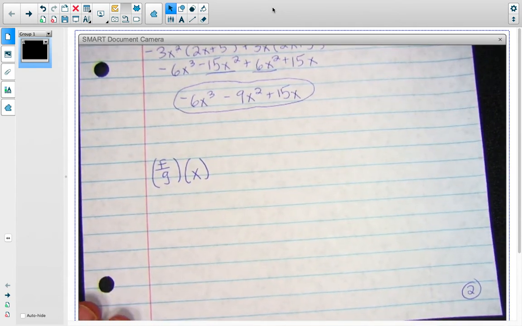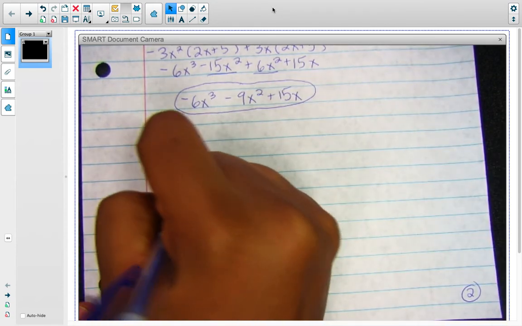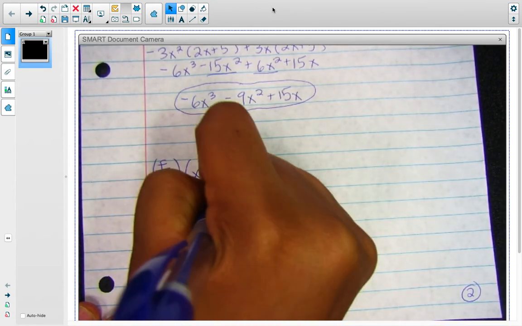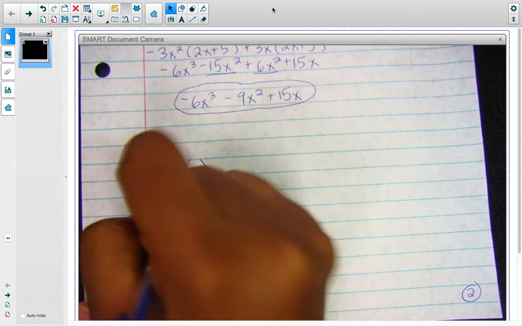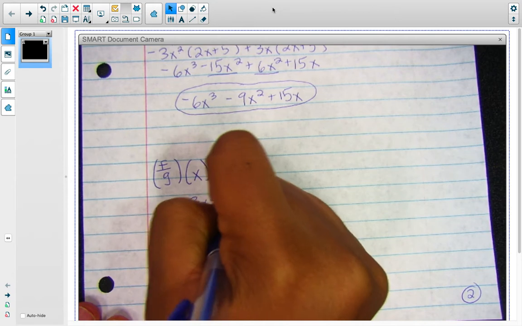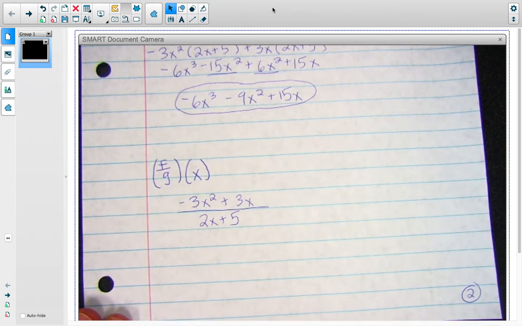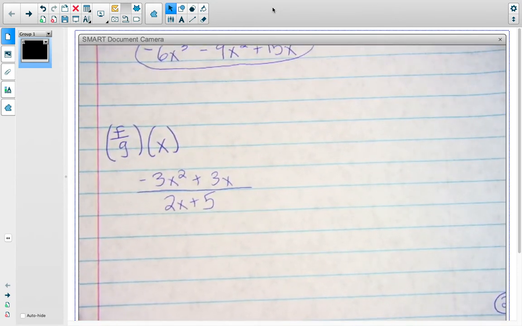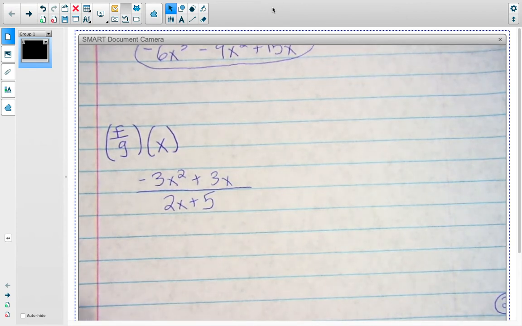So if I do F divided by G, my F function is negative 3x squared plus 3x, and my G function is 2x plus 5. Now, we're not going to do synthetic division or long division like we would back in Math 3. We're just going to stack them on top of each other. However, we do need to figure out what number my denominator cannot be.